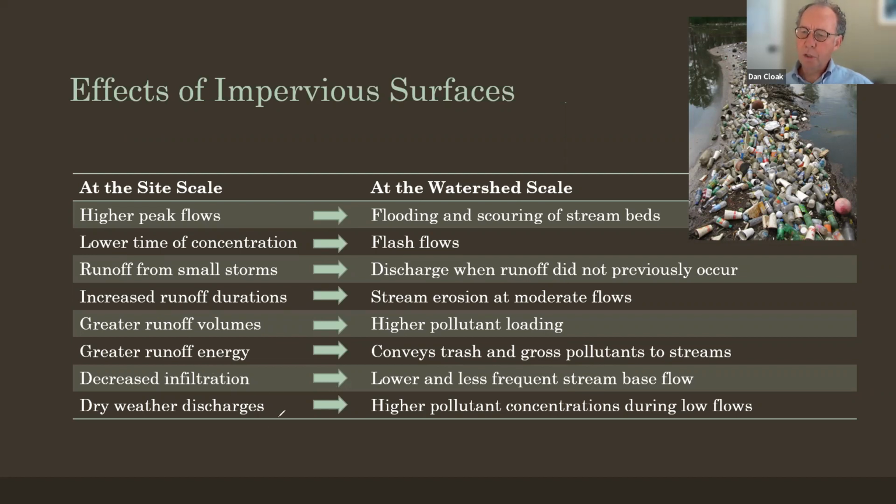And then this last one is actually, I think, often overlooked because our regulatory system is focused on total loads of pollutants or concentrations of pollutants in the water bodies. But often the biggest effect on local streams is very transitory. It happens when a shock load of pollutants comes off of a parking lot in the form of oil and grease, trash, biological oxygen demand flushed into the stream.